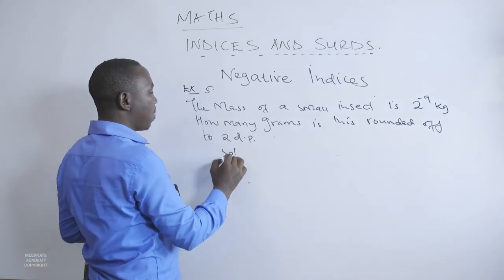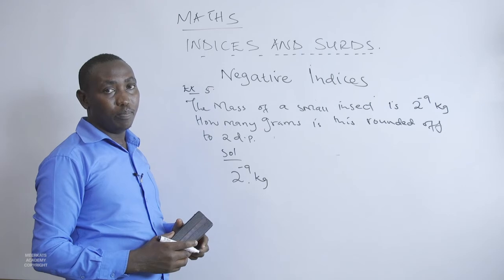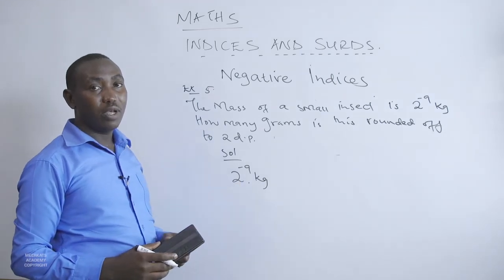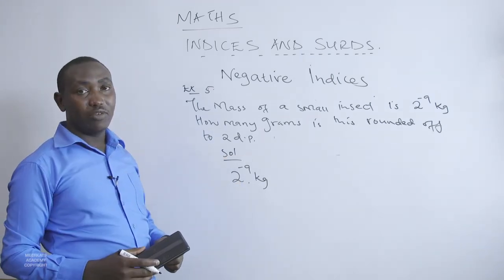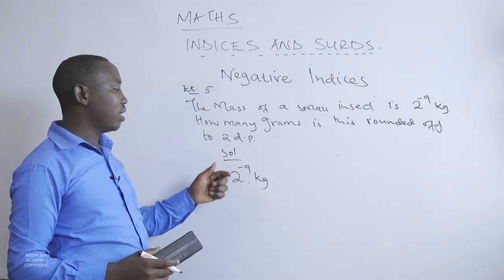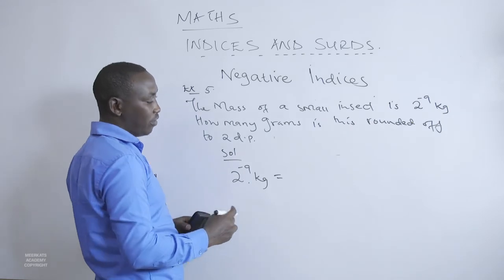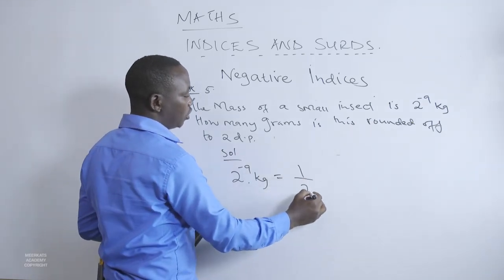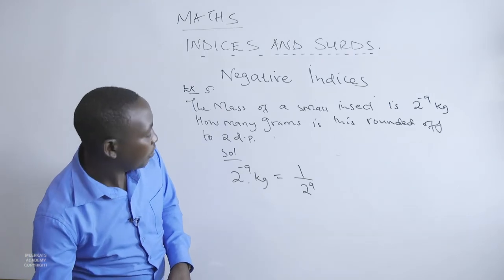So solution, we have 2 raised to negative 9 kg, which is a negative index. Changing this to a positive index requires us to find the reciprocal of 2 for the power to become positive. So this will be 1 over 2 raised to a positive 9.